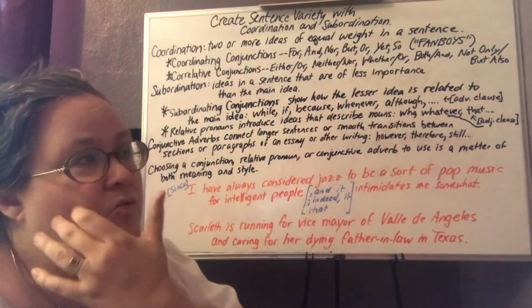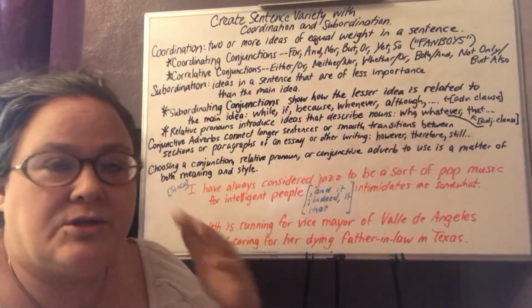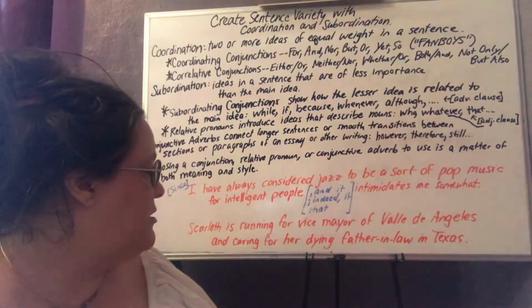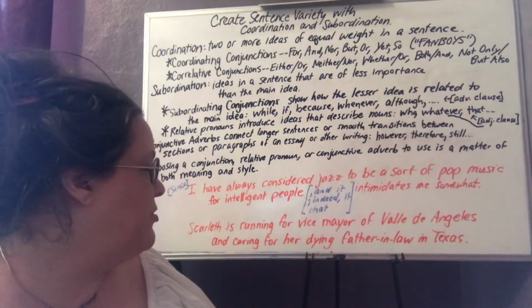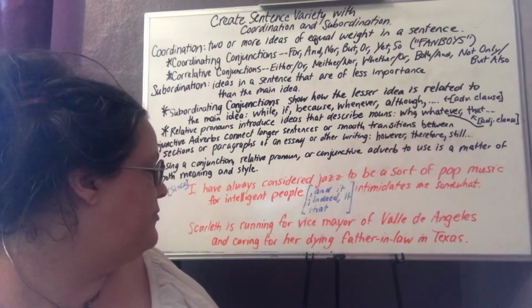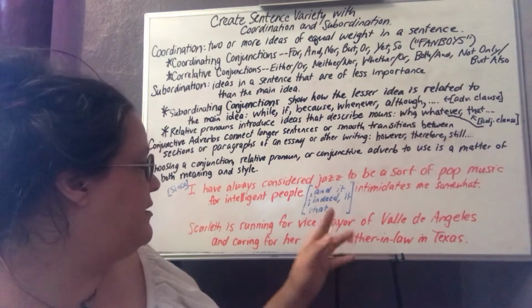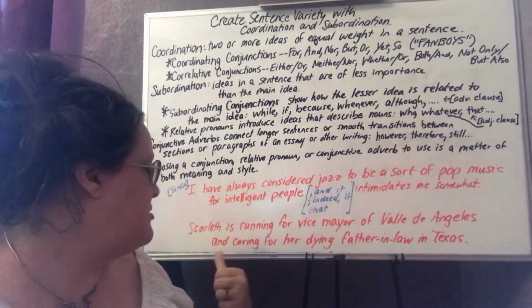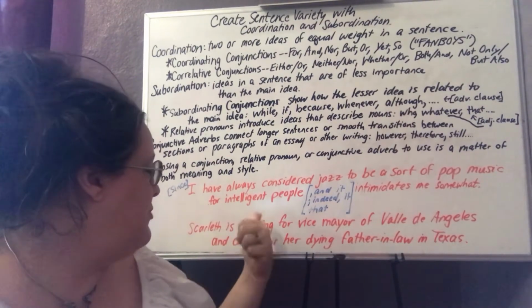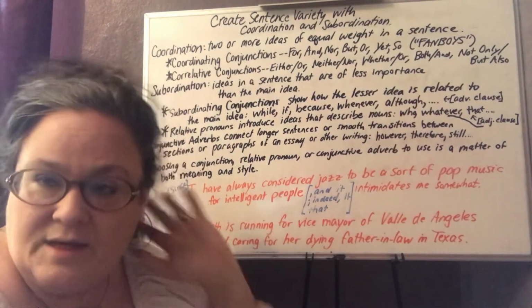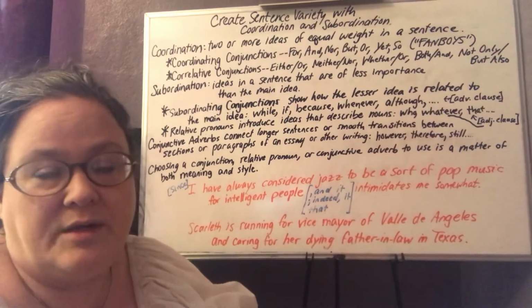In that case, the word "while" is a subordinating conjunction, again coming at the beginning of the sentence, so I would need a comma after "Valle de Angeles." And I would also need to say "she is" down here, because here I had a compound predicate, but in this one I have a sentence that has two complete clauses.